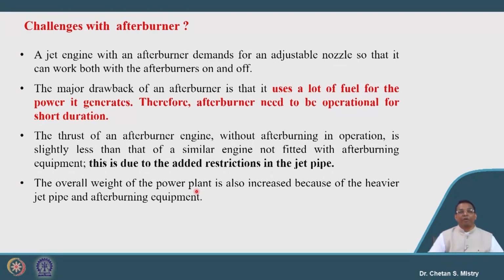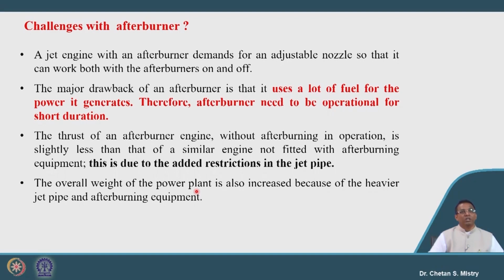Second, it requires a lot of fuel to generate the power, and that is the reason we are not using the afterburner for long durations. If I operate my afterburner, it will consume gallons of aviation fuel within fractions of seconds, which is very challenging, and that is why we are not using this kind of configuration for our commercial airlines. They are mainly used for military purposes.